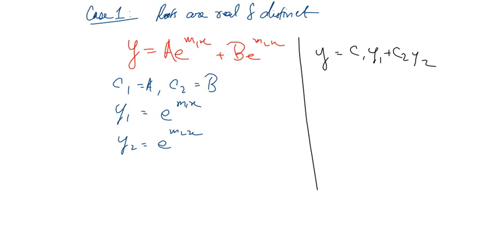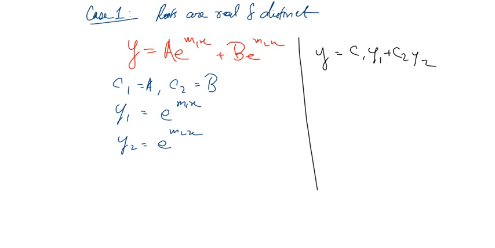So you get the two values, the value of y1 and y2. The basis of any second order differential equation is nothing but the set of the two linearly independent values, y1 and y2. They are the two values that you will be getting on solving the auxiliary equation.